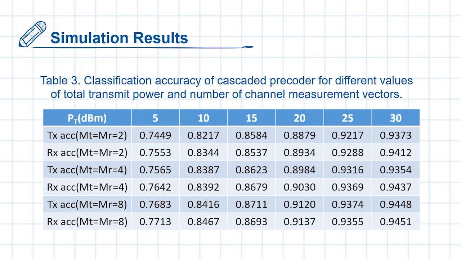That is because a larger number of pilots can obtain more channel state information, which makes the neural network use more features for classification during training. However, when the number of pilots continues to increase, the classification accuracy tends to stabilize, with its value stabilizing at 0.94.